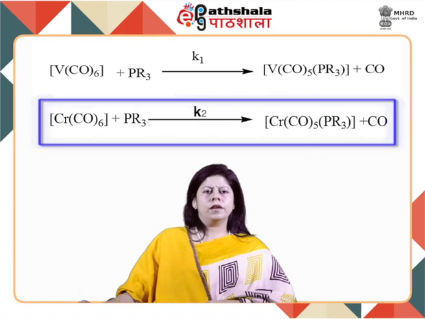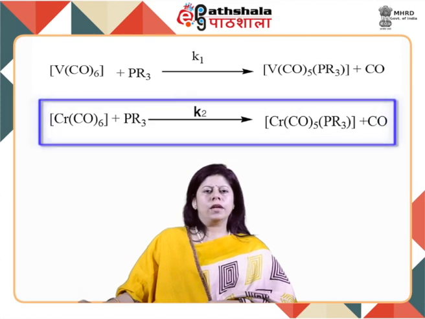In the second case, we have chromium octahedral complex reacting with phosphine giving again a pentacarbonyl complex and one molecule of phosphine releasing one carbon monoxide molecule.